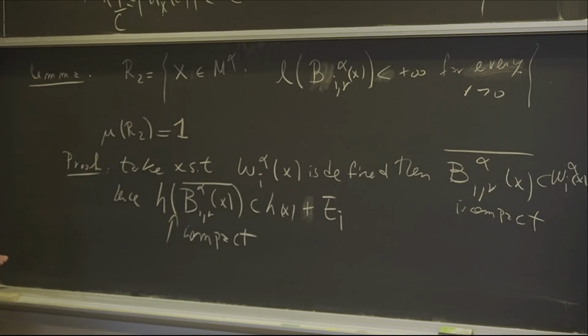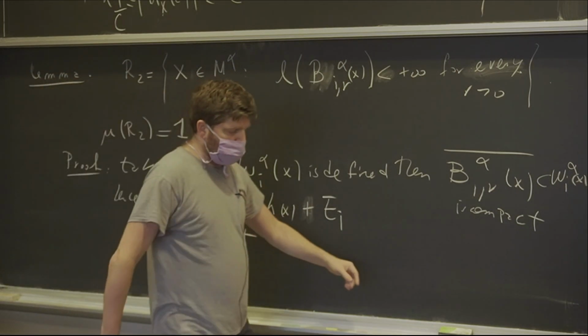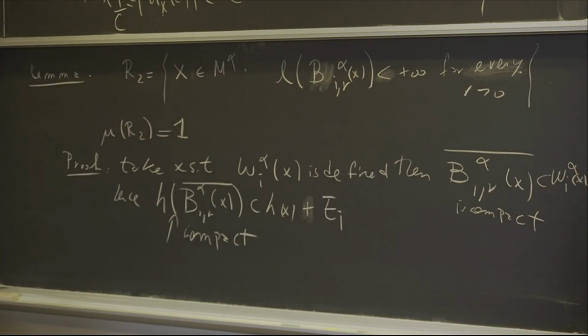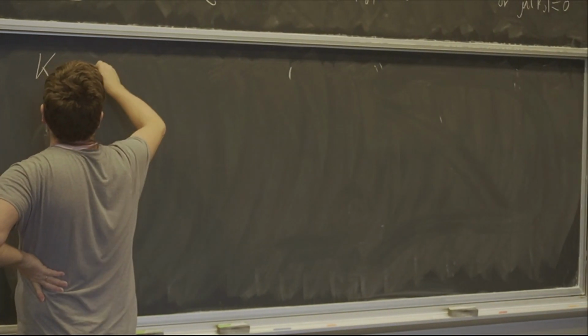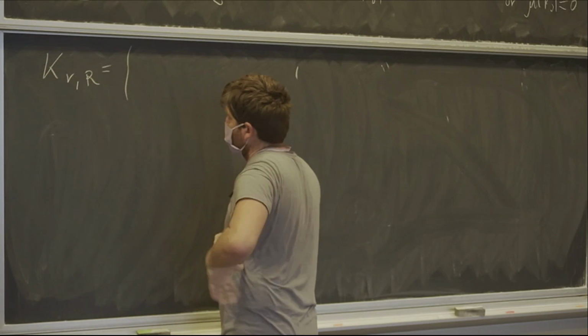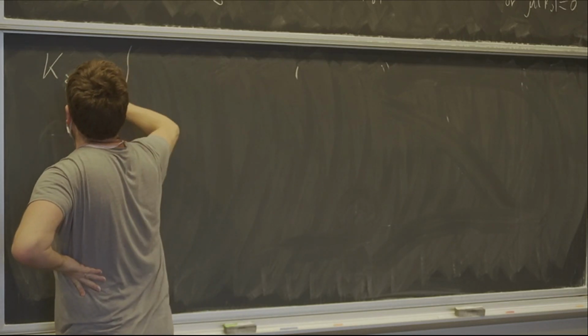Okay, once I have this set R0 and this set R2 with full measure, we intersect these two guys, and it's still a set of full measure. And this gives me the next set, which is equal to the set of points in M alpha such that the length of B, maybe let me put a, b.